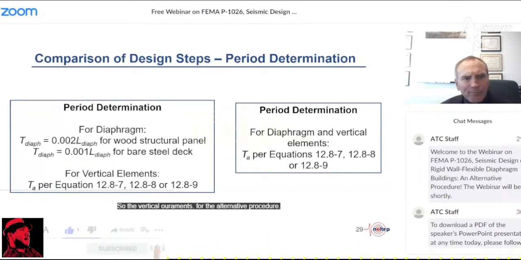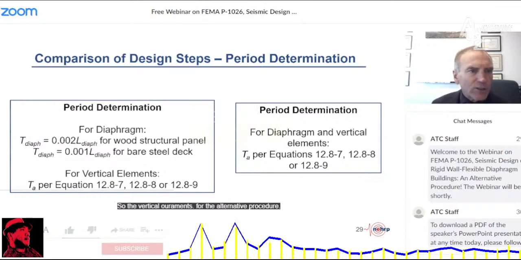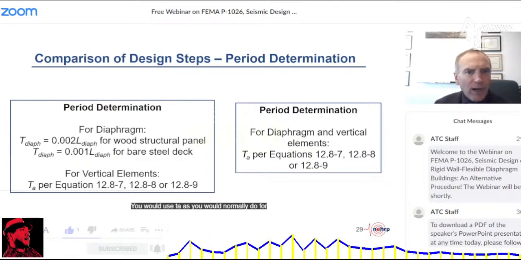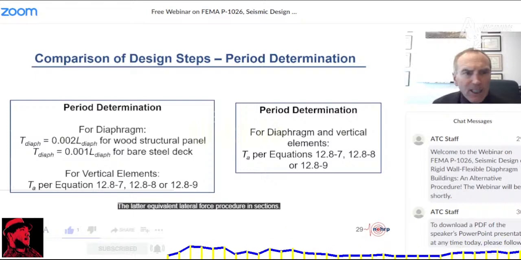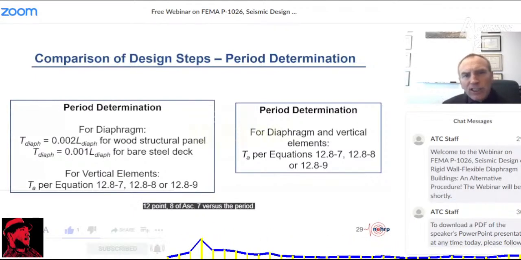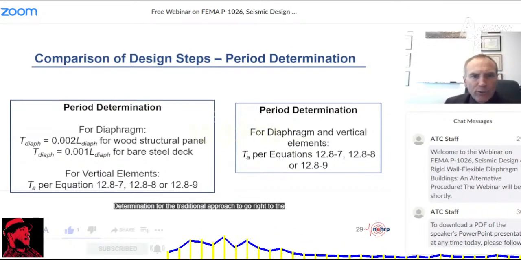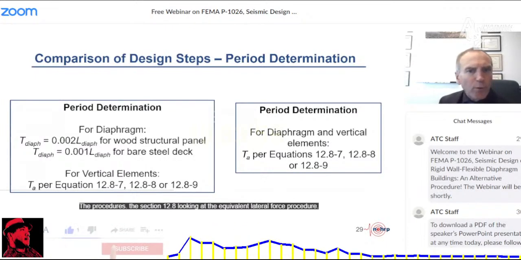So for the vertical elements in the alternative procedure, you would use Ta as you would normally do for the equivalent lateral force procedure in Section 12.8 of ASCE 7, versus the period determination for the traditional approach, where you go right to the procedures in Section 12.8.